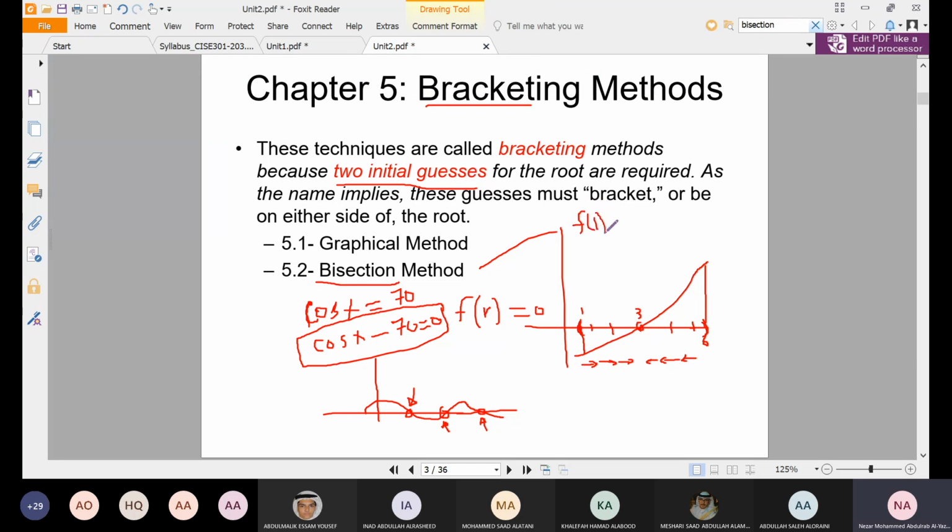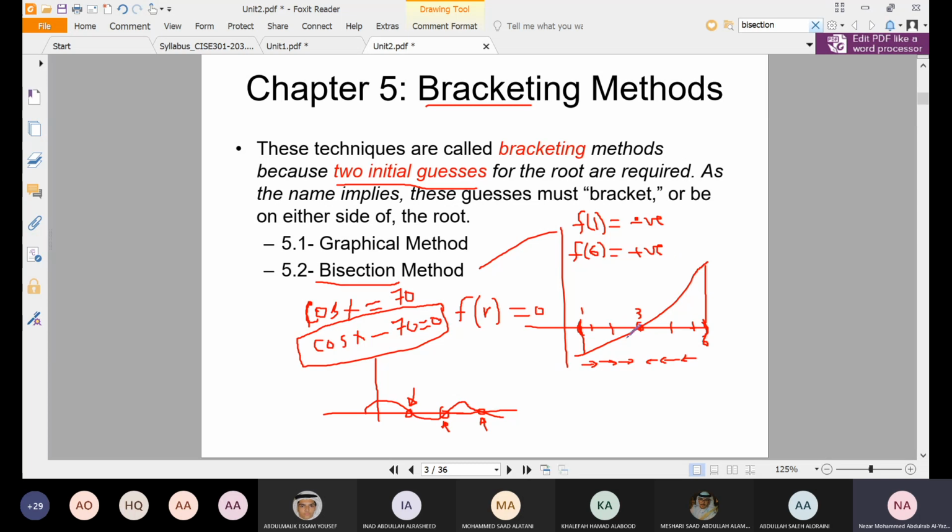If I evaluate this function at the lower limit of our interval, for example, f of 1, this, for example, gives me a negative value. And also if I evaluate the function at the upper limit, 6, this gives me a positive value.